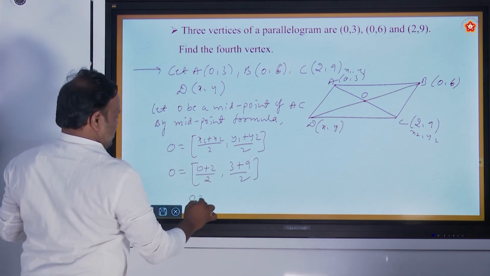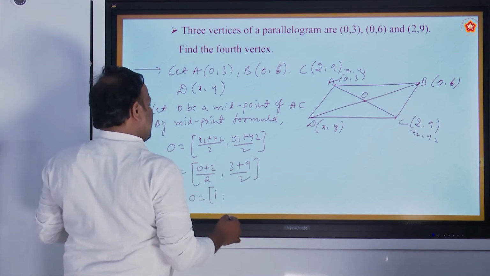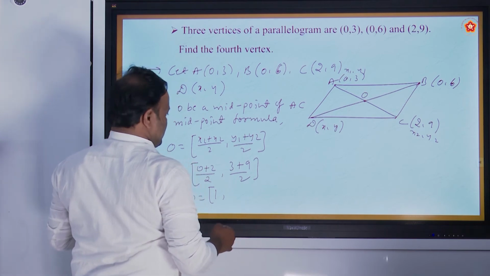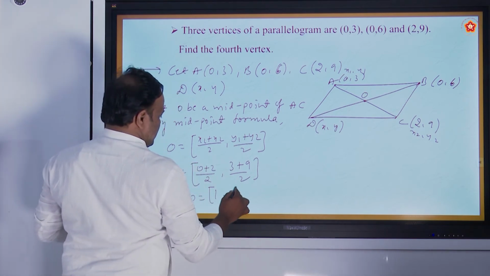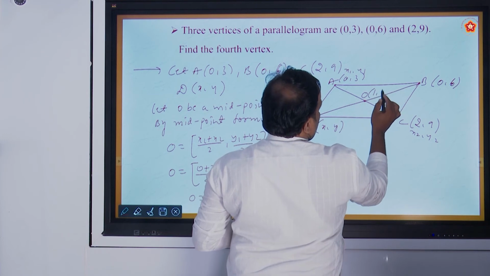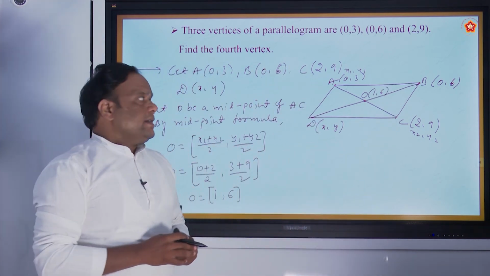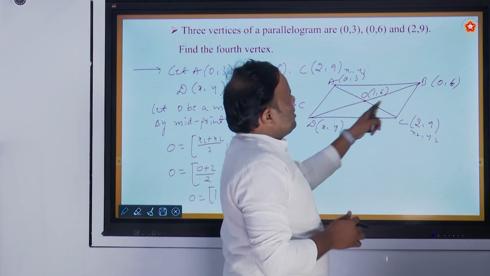What is the final answer? O equal to 2 by 2 is nothing but 1. 3 plus 9 is 12. 12 by 2 is nothing but 6. See, 1, 6 is the midpoint of AC. Correct. Similarly, O is the midpoint of BD.